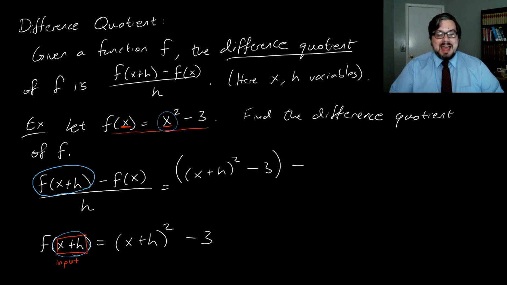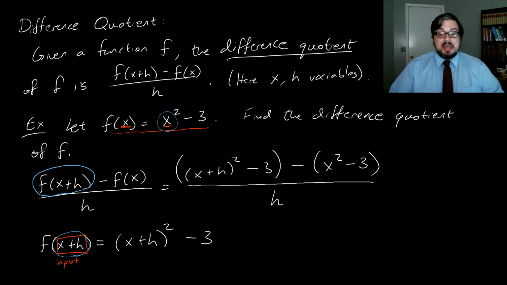Now, f of x, well, that's what we get when we plug x in place of x in the original function. So, in other words, it's just going to give the normal function back. So, f of x is x squared minus 3. And then h is just h down here. Now from here we can simplify things a bit. And let's see, we'll get x squared plus 2xh minus 3 minus x squared minus 3. Sorry about this.